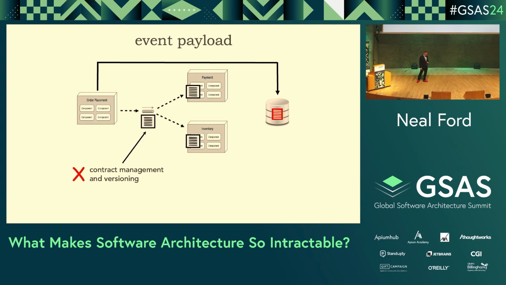But it now brings me to contract management and versioning. Now I need to manage this contract, and inevitably I'm going to end up having to version this thing. One of the blind spots that architects seem to have, so many architects seem to think that an architecture problem is sort of like a math equation on a whiteboard. And if you can ever solve that equation once, you just drop the whiteboard marker and walk away because that's a solved problem.